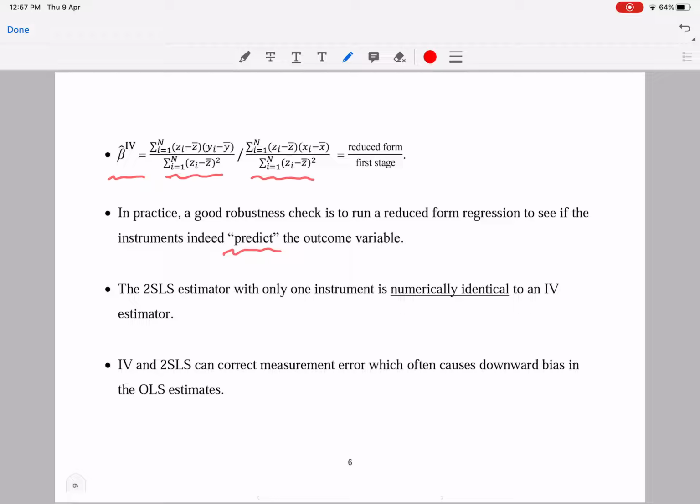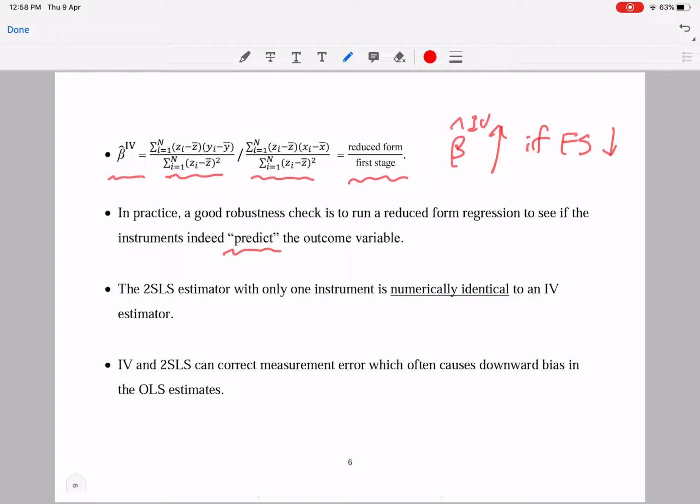The reason is, we are going to talk about the weak IV problem later, but if you look at the IV estimate here, you may have a very large and perhaps statistically significant IV estimate just because you have a very tiny first stage, right? So the IV estimate could be very, very big if your first stage is very, very small.